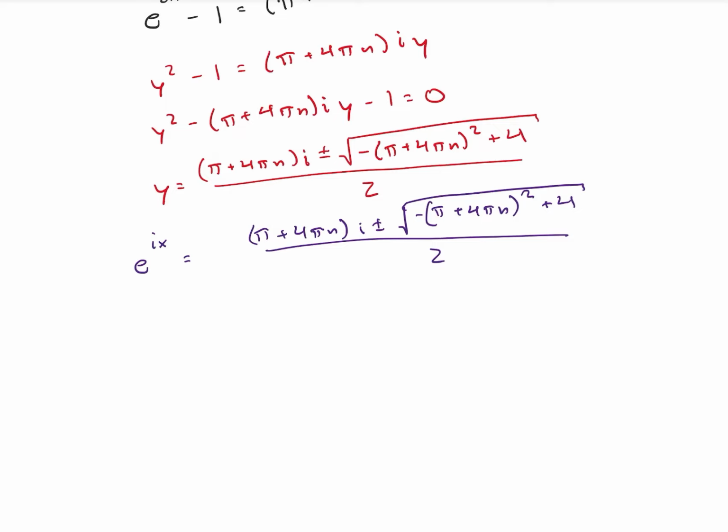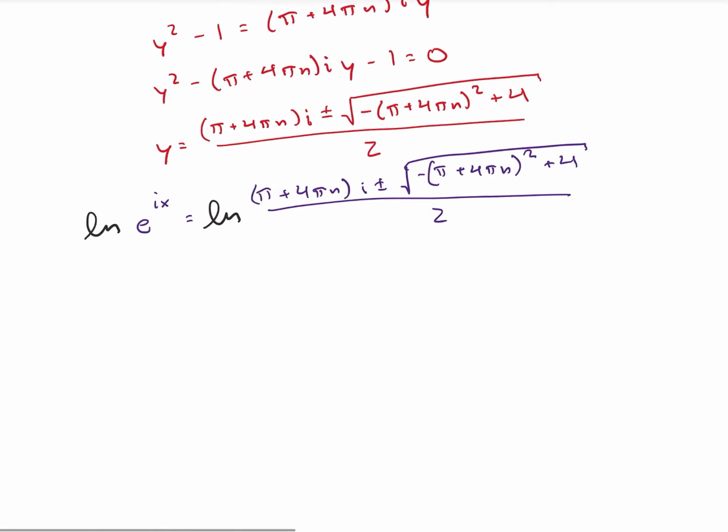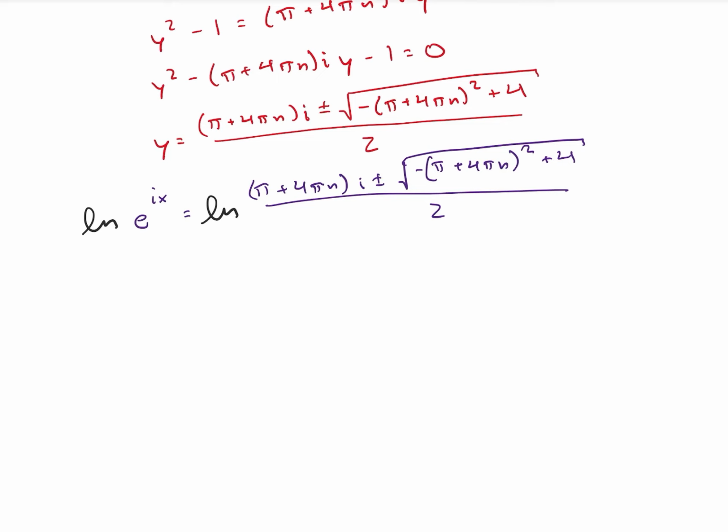So if I take the natural log of both sides, then that's going to give me ix is equal to this whole guy.